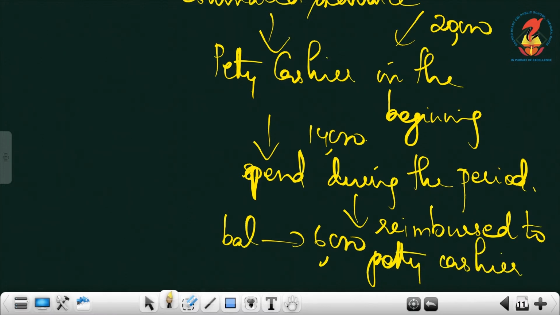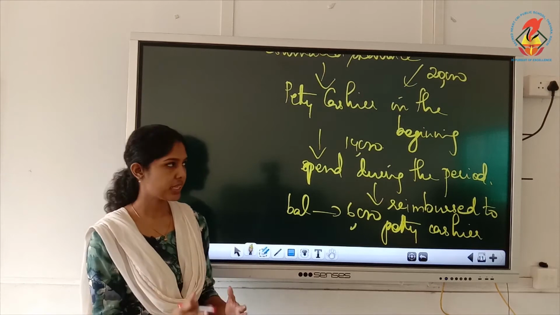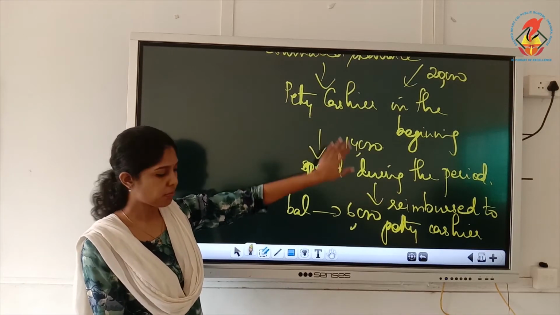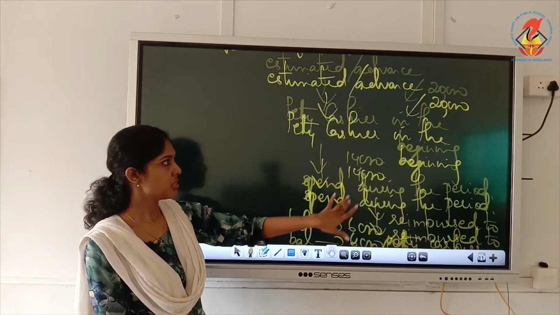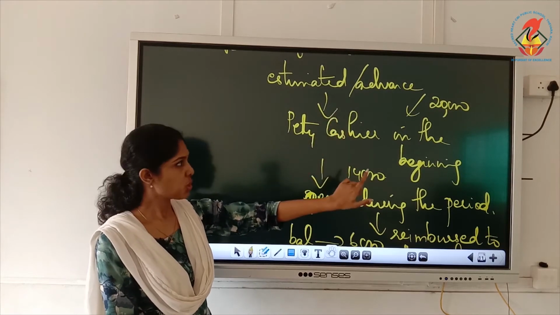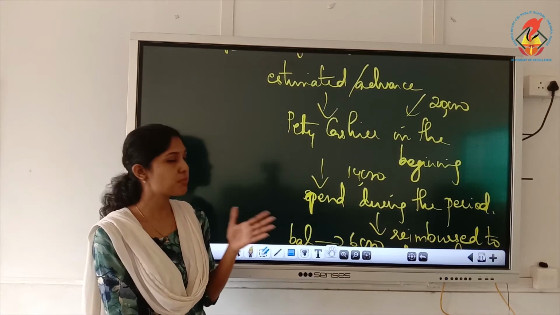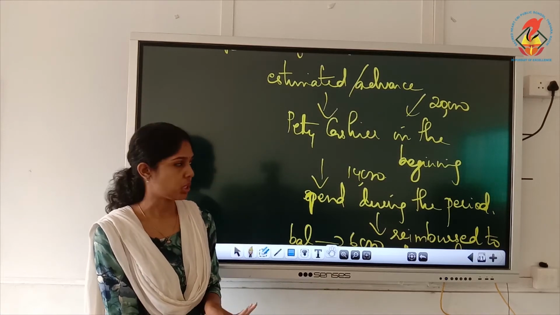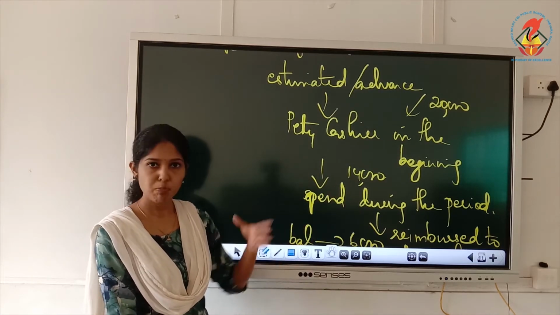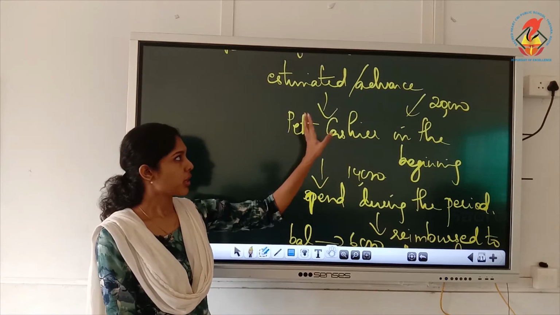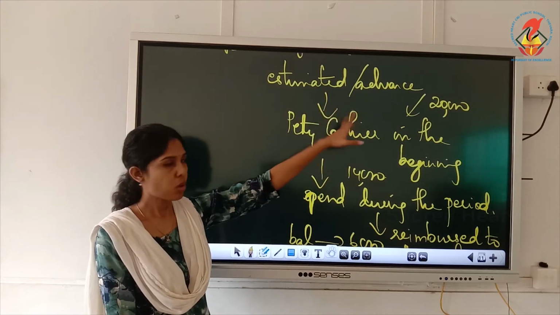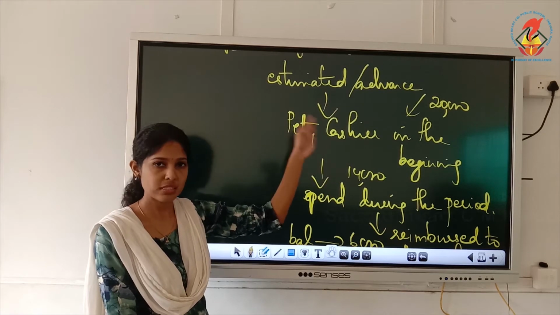By the main cashier. So what is happening here? In the beginning of the month, the petty cashier was given rupees 20,000 as an advance amount, as an estimated amount by the main cashier. During the period, he will spend the amount, it is not an accurate amount like in the simple system, this is only an estimated amount.